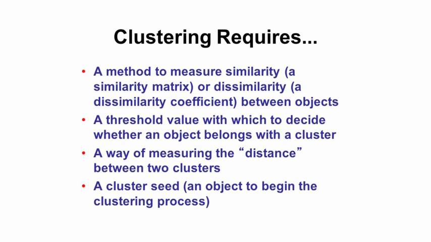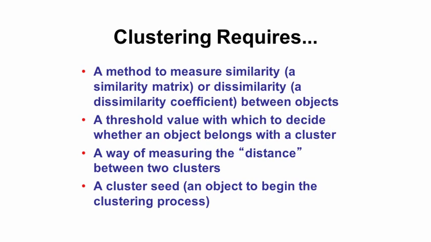So clustering still requires a rule, which is essentially a way to measure similarity. And so we can use things like similarity matrices or similarity scoring tables or dissimilarity coefficients or similarity coefficients. Any of these things can be used. So if we've got some measure that allows us to measure similarity, then we also have to decide on a threshold to say this is similar or this is not.